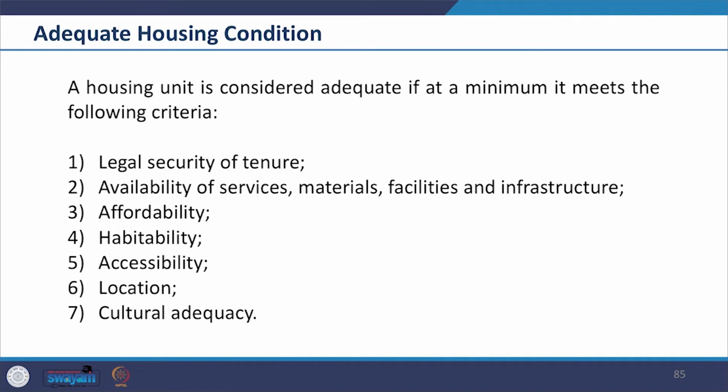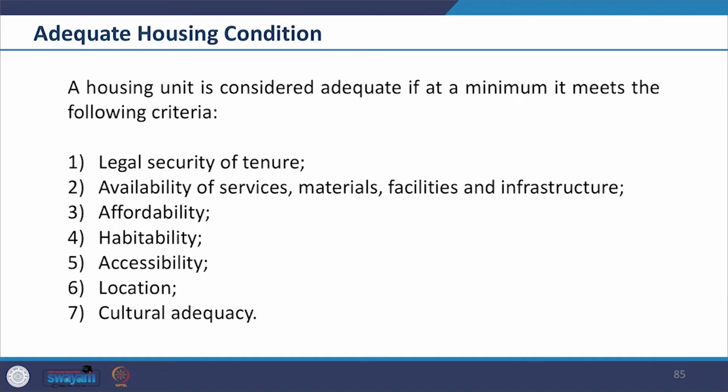Further, we see the consideration is about the location. A house is not adequate if it is cut off from employment opportunities, healthcare services, schools, child care centers and other social facilities, or if located in dangerous or polluted sites or in immediate proximity to a pollution source.